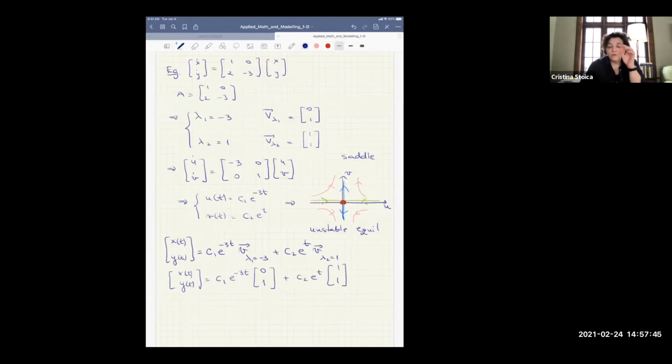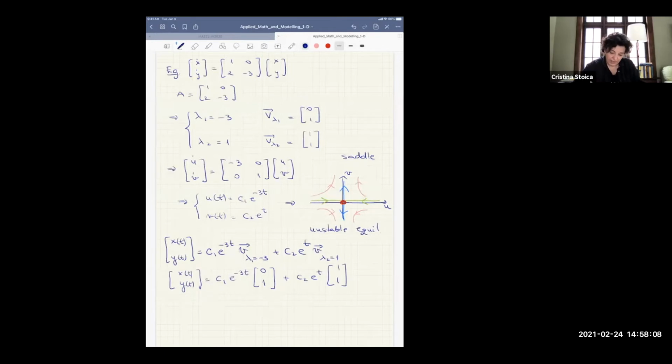So instead of the UV, vertical and horizontal, now we have these vectors, V lambda 1, V lambda 2, that play the role of these straight lines that go in and out of the equilibrium, if you want.